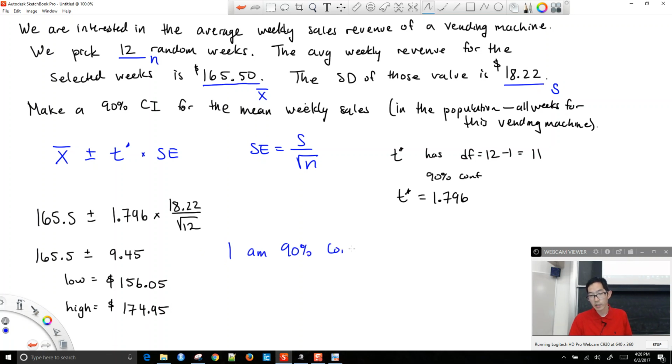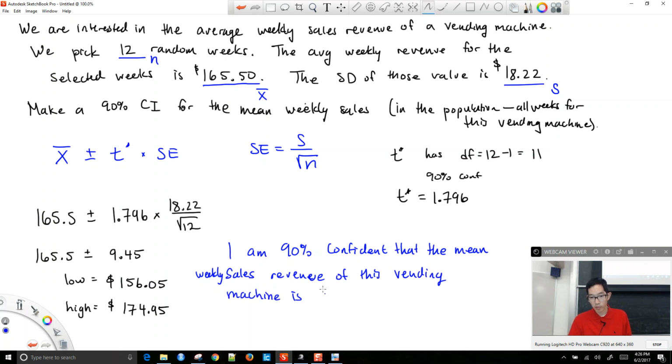Okay. And so I would say I am 90% confident that the mean weekly sales revenue of this vending machine is between 156.05 and 174.95.